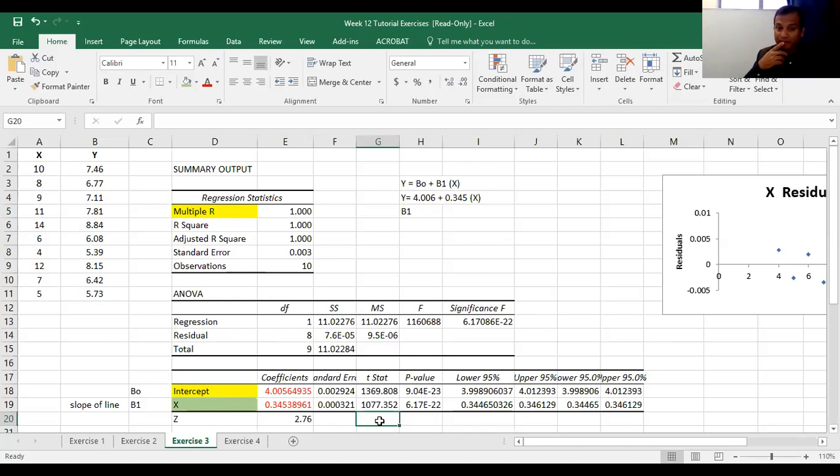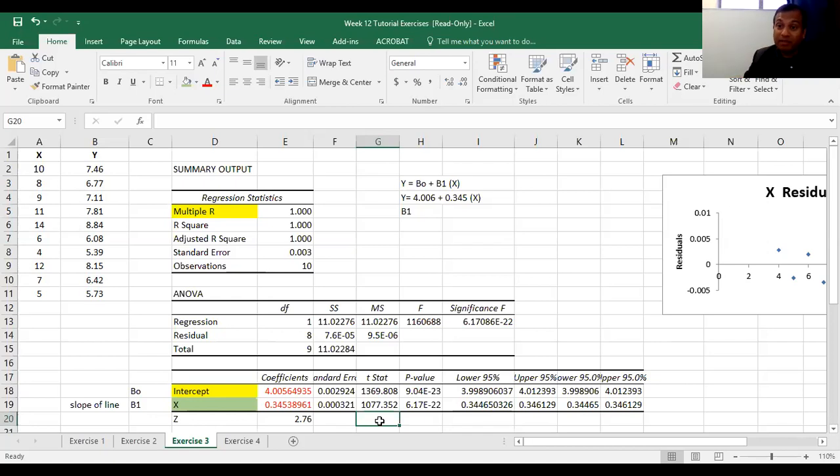Anyone? What will be your interpretation for the slope B1? Look at the equation. If there is a 1 unit increase in x, then by what amount will y increase? 0.345. Exactly. So this is a simple interpretation.